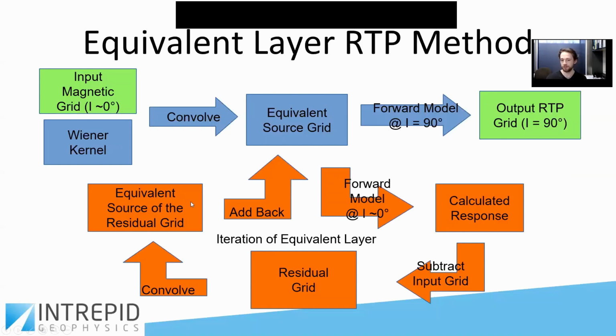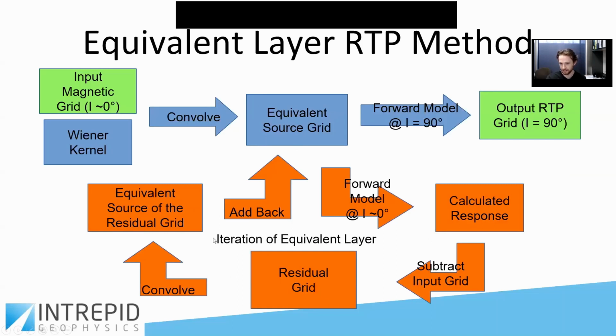So we'll find out exactly which parts of the equivalent source grid weren't accurate enough, and we'll get a sort of subgrid or an alterations grid that we can then add back into our equivalent source.